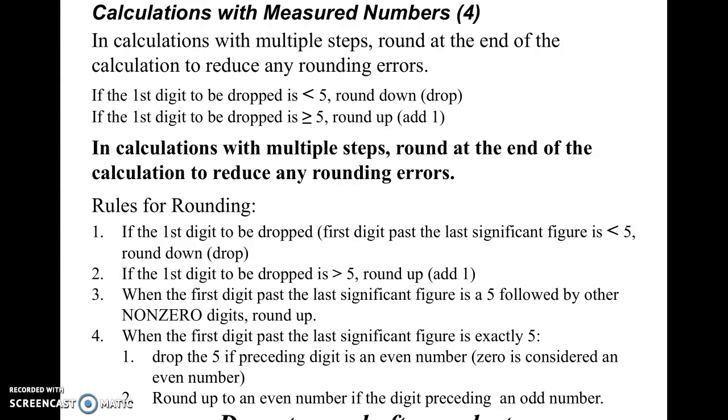But if it just ends with 5 and yet your digit past the least significant digit is strictly a 5, then what you're going to do is you want to go for an even number. And so you round up if the preceding number is odd, and you round down or you drop it if it's an even number.